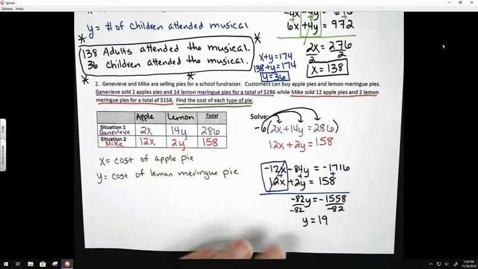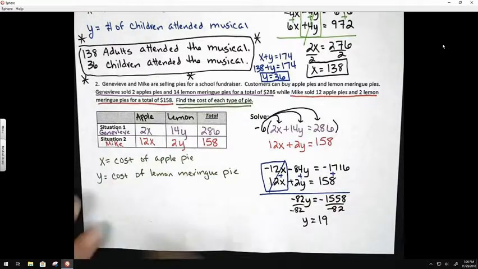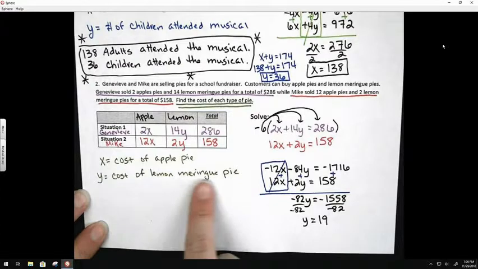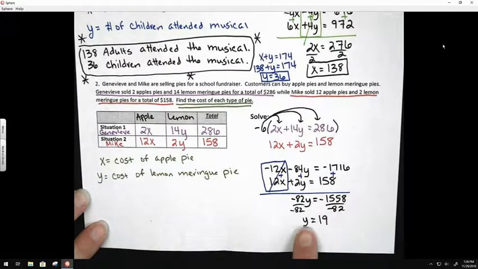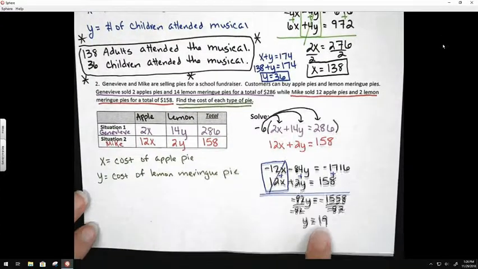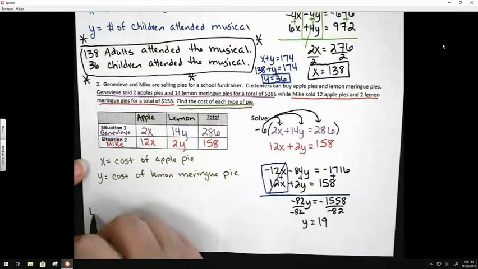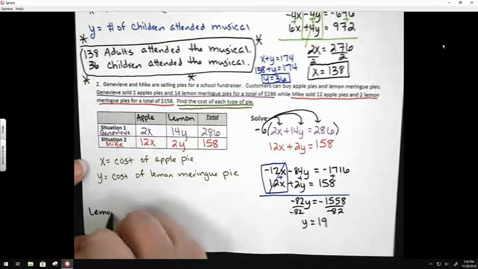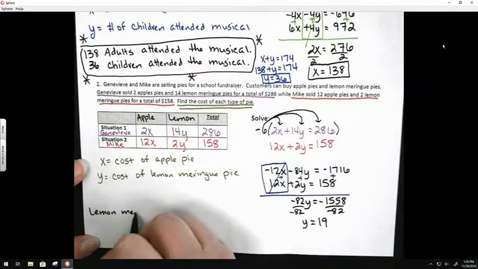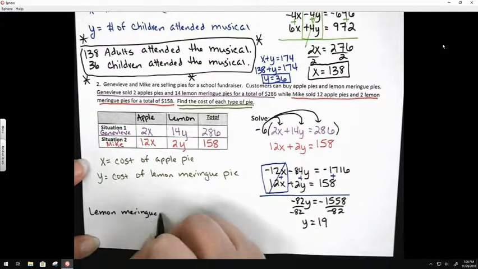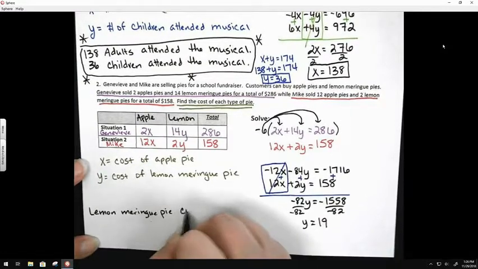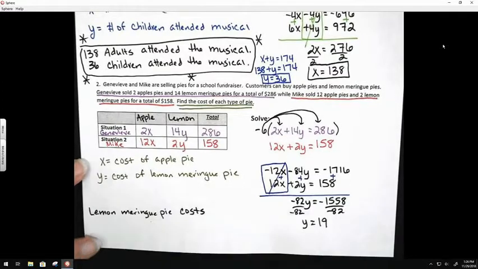So I still need to think about what that means in terms of this problem. Well, we said that y is the cost of lemon meringue pie, and we said that y is 19. That means then that the lemon meringue pie costs $19.